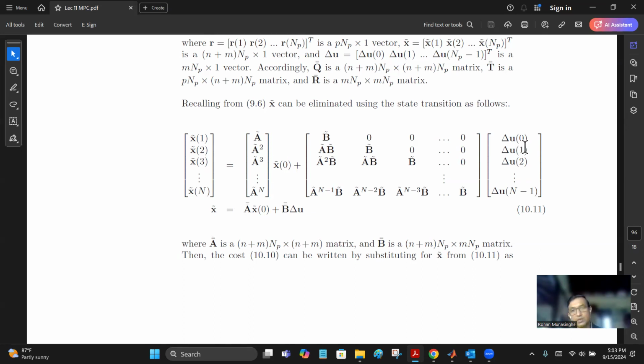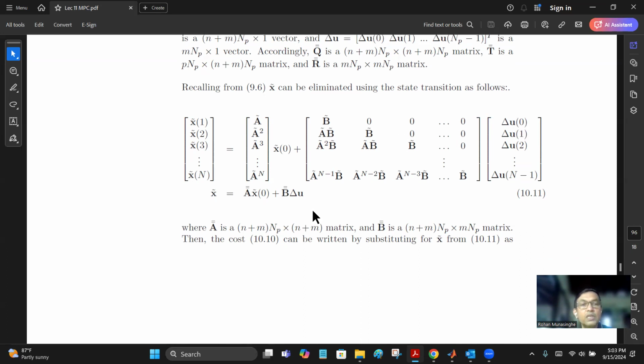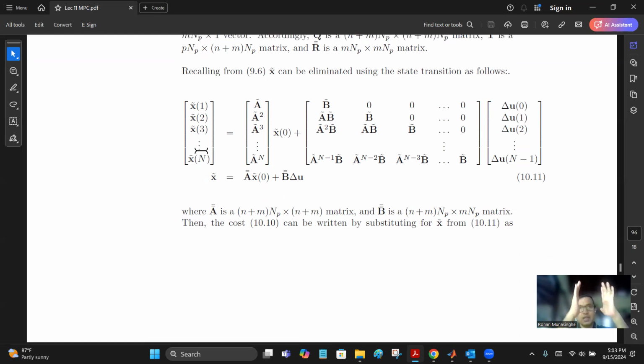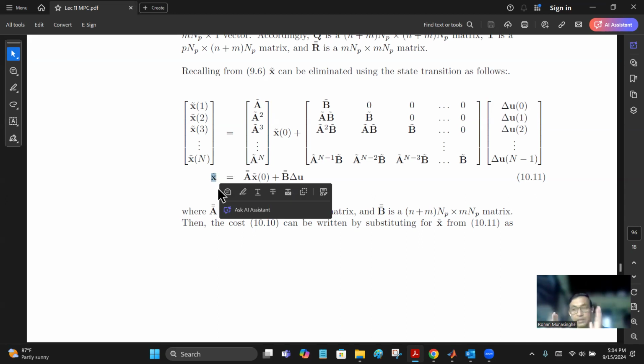So this pattern continues. Eventually, we get all of the states aligned from 1 to n as x tilde without any bracket, written as a double bar.